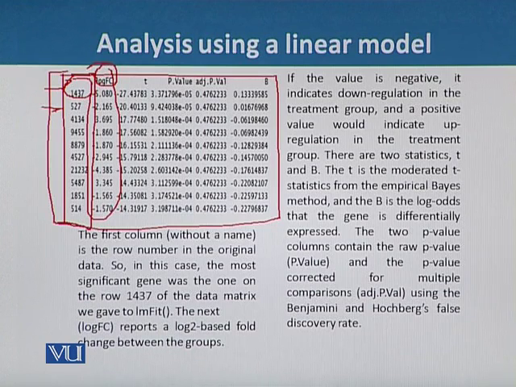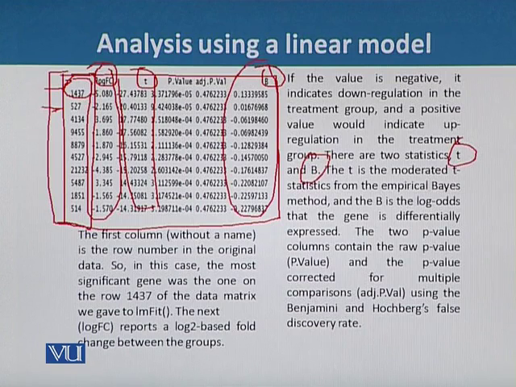So there are two statistics, t and B. Here we can see t and B. The t is the moderated t statistic from the empirical Bayes method, and B is the log odds that the gene is differentially expressed. The two p-value columns contain the raw p-value, that is generally used to indicate the expression of the gene, and the p-value that is corrected for multiple comparisons using the Benjamini and Hochberg false discovery rate.